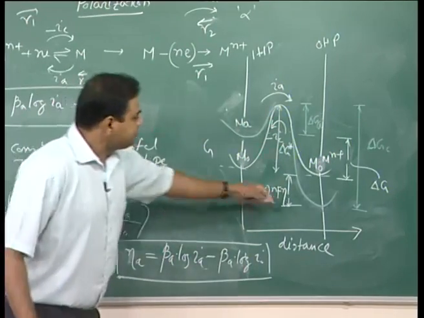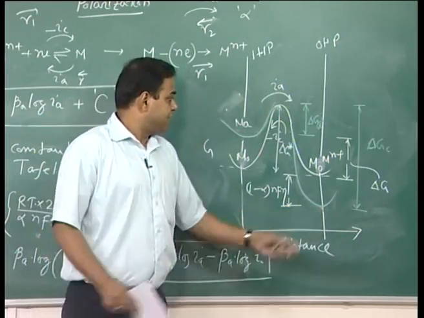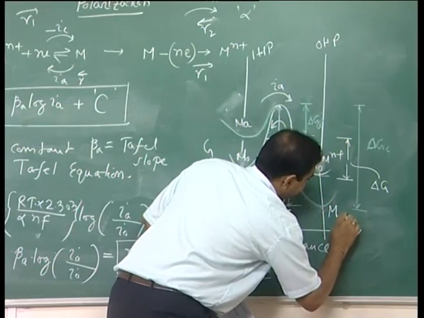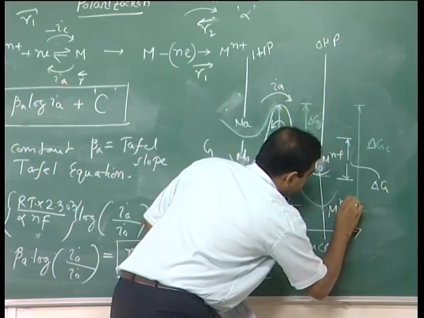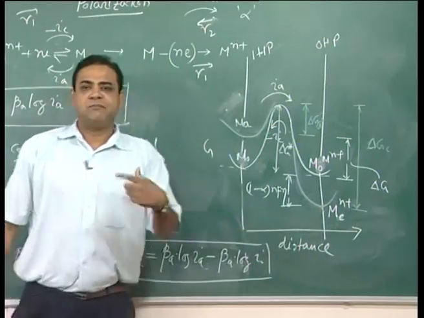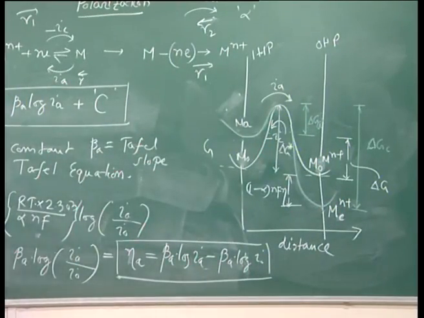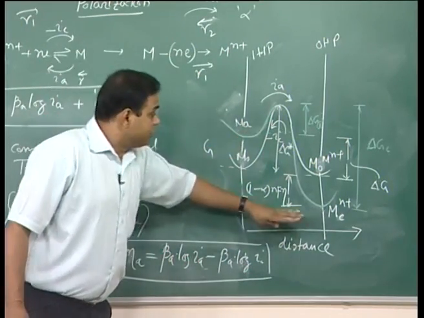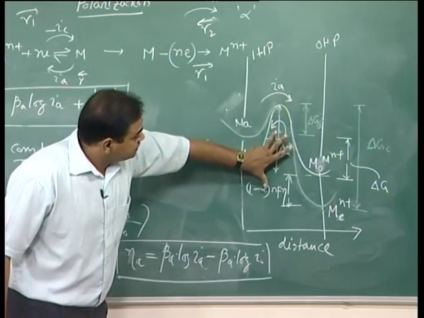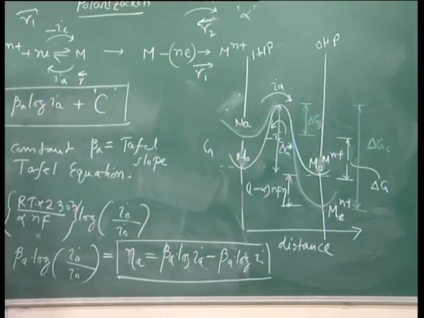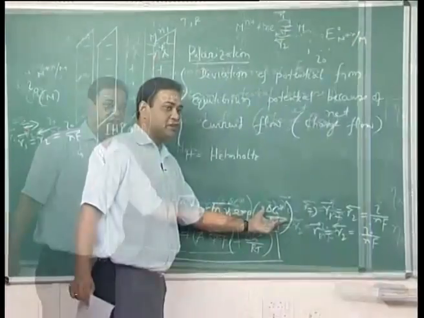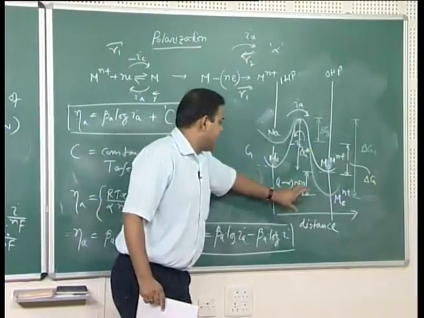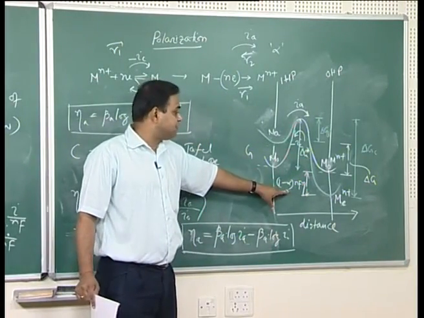Because then you have to start from this, and that time I can write it as M to M n plus. C is nothing but I am putting it in the form of the cathodic side. So this is the cathodic side, this is the anodic side. So my total free energy to be put in this equation is del G star plus this, and I am putting 1 minus alpha.